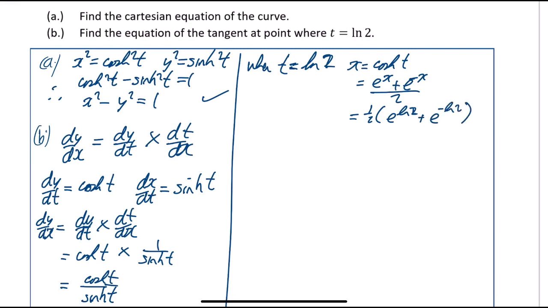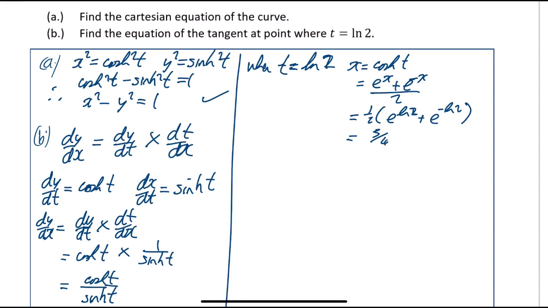And if you do that out on your calculator, that will become 5 over 4.